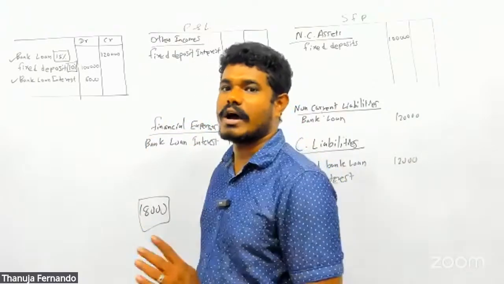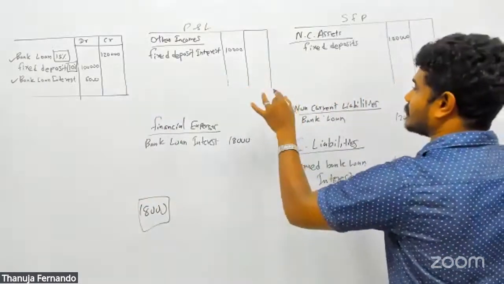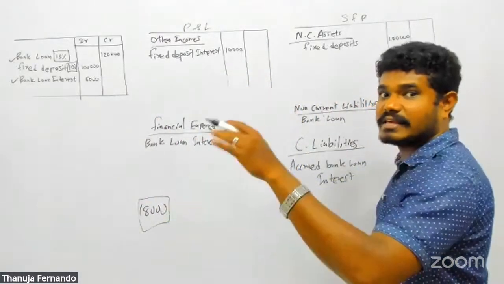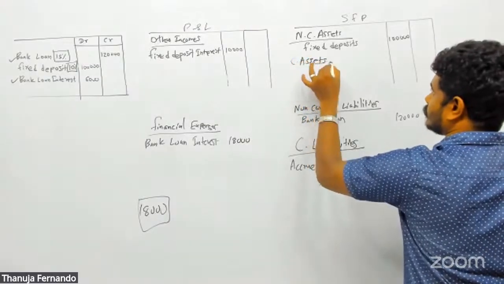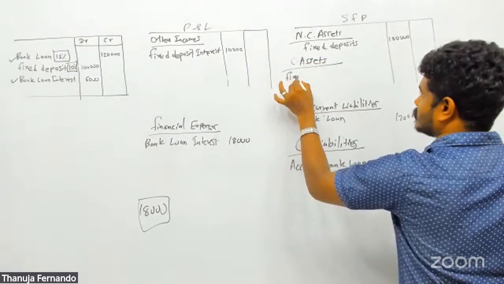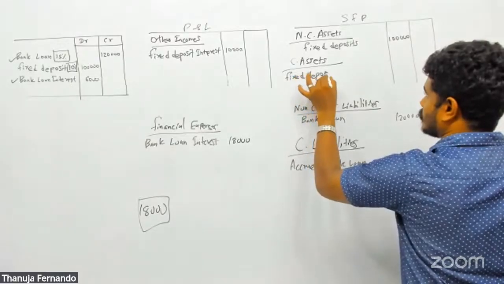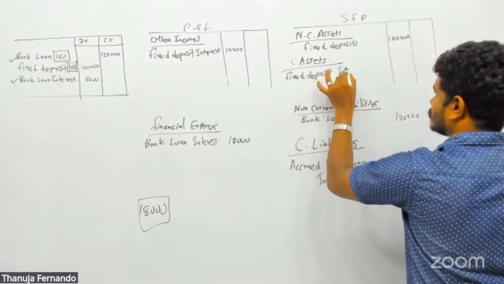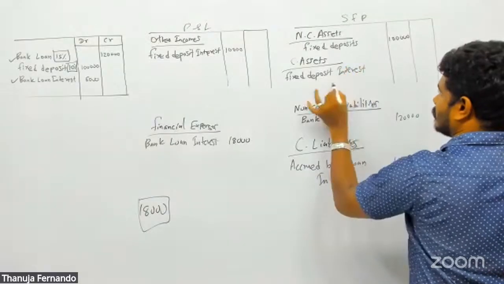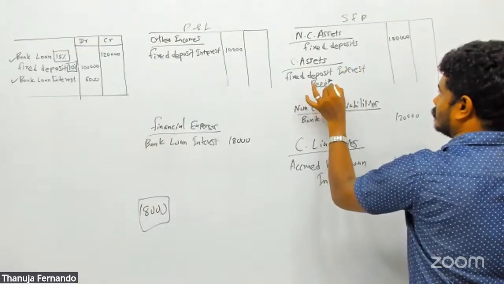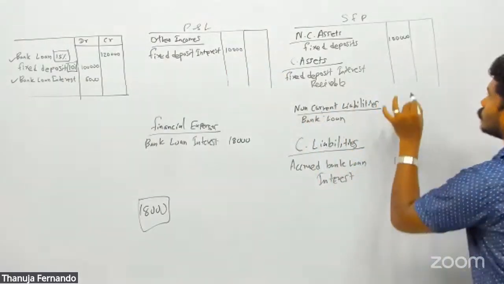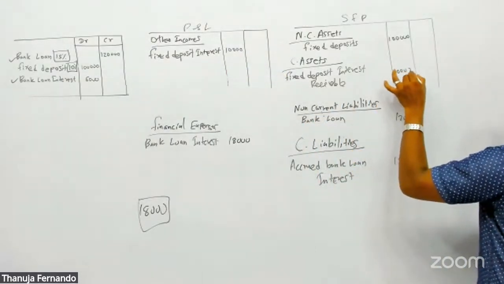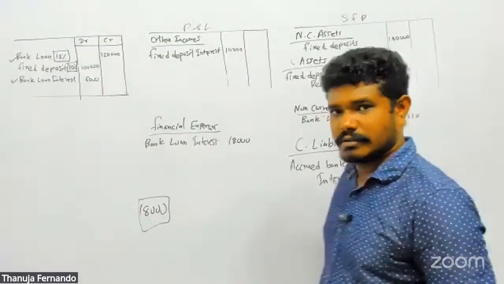It means it is fixed deposit interest receivable under current assets. Fixed deposit interest receivable. How much? The total 10,000 to be received. 10,000. Right? Understood all of you?